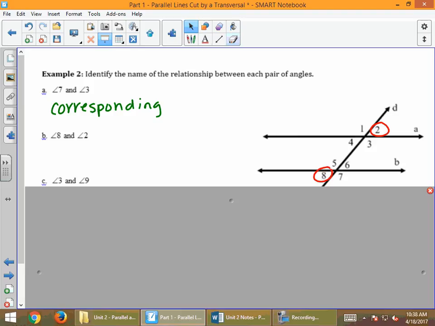They are both outside of the parallel lines. So they're both outside, and they're opposite. So if they're outside and opposite, that would make them alternate. You can abbreviate exterior. They're both outside the parallel lines, and they are opposite of each other, so they're alternate exterior.